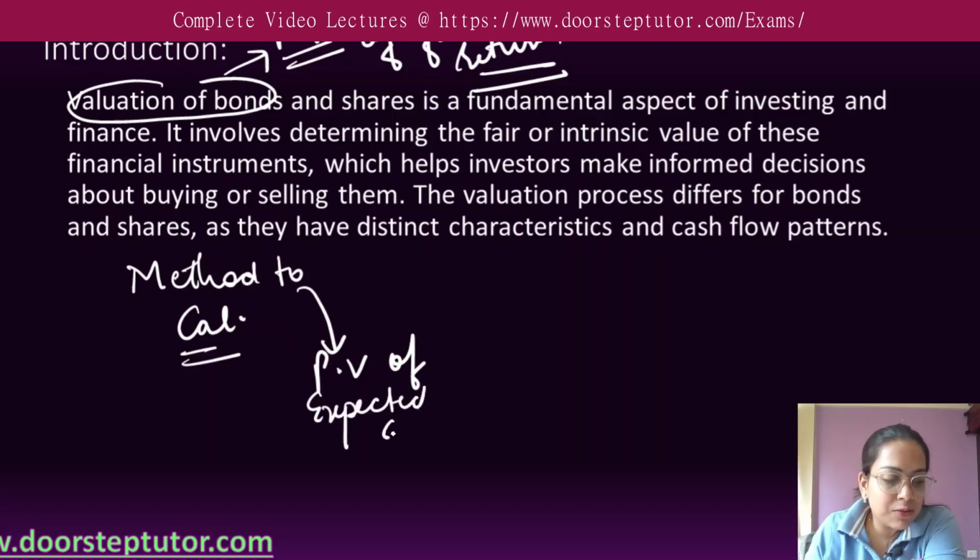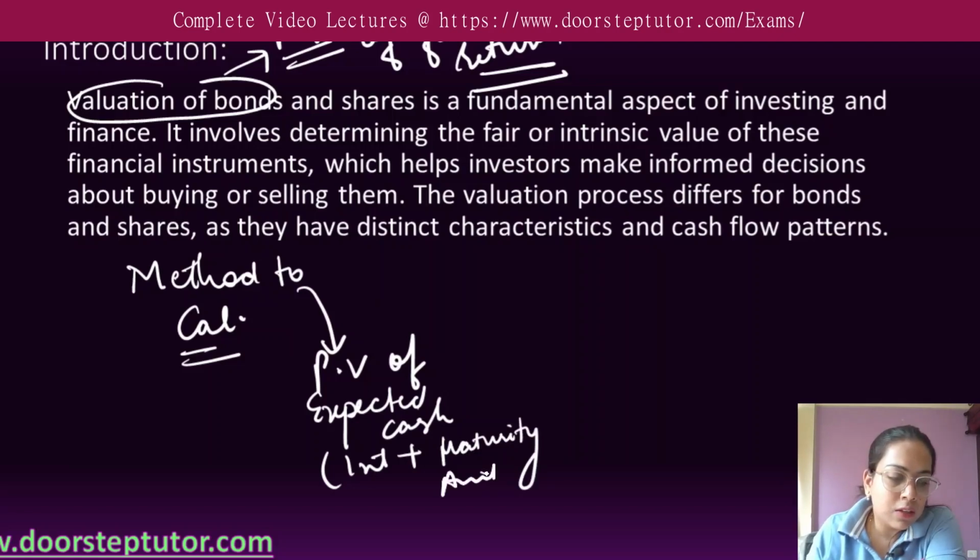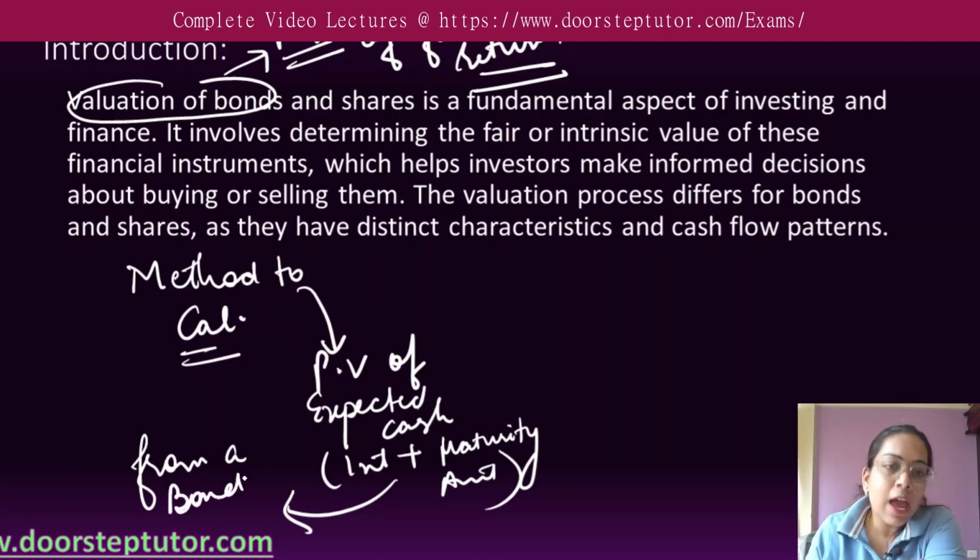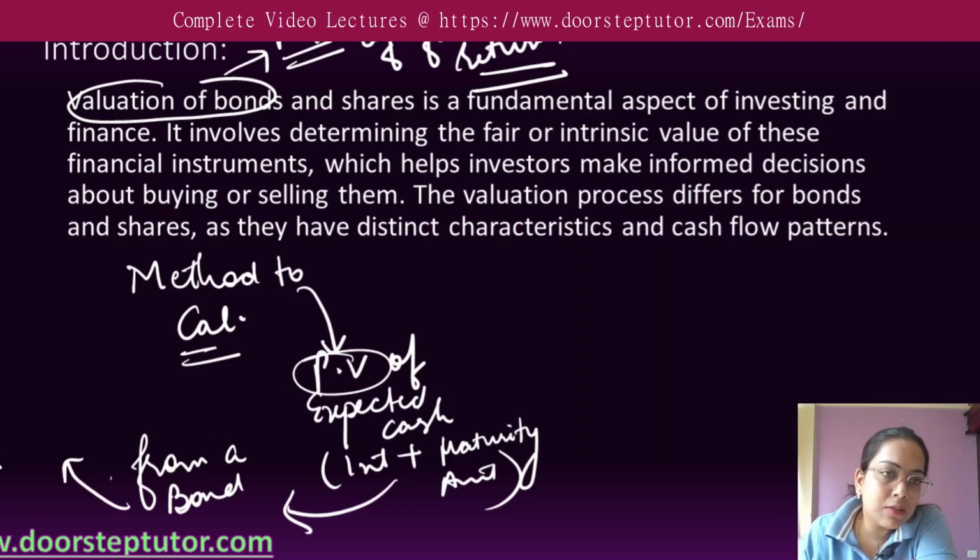What comes under cash flows is your interest plus maturity amount, or par value, expected from a bond. How much you will get from a bond at a future date, you have to convert into its present value.